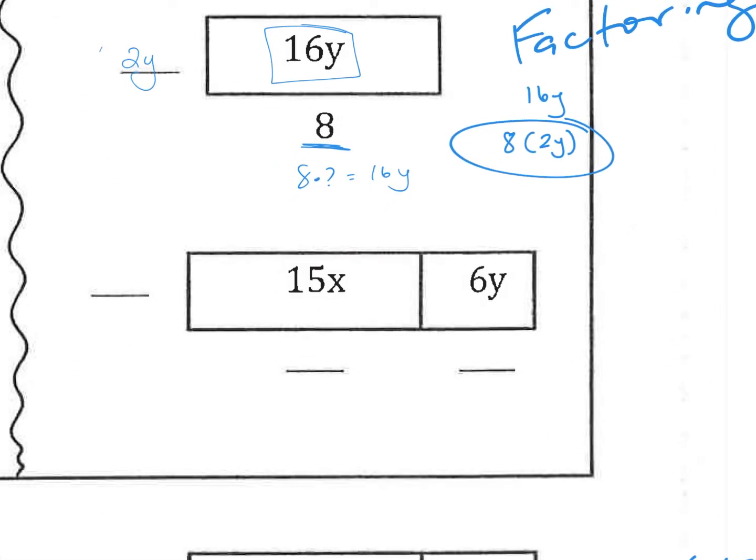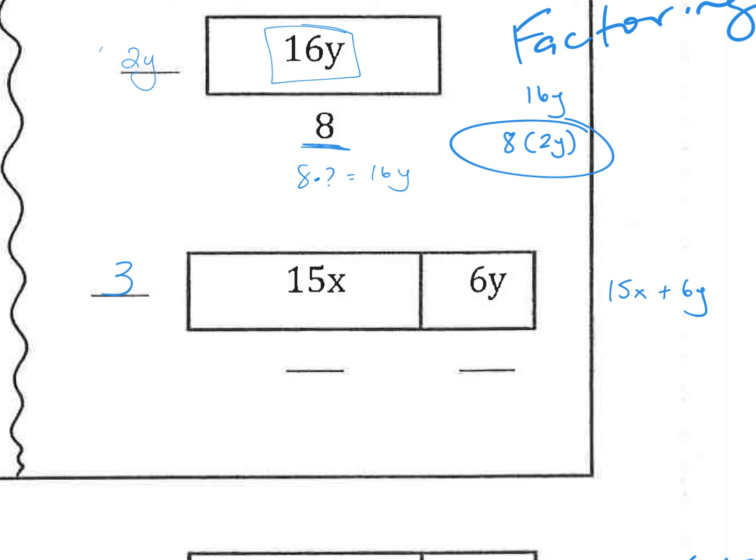Okay, let's look at the next one. Now this next one, we're starting off with 15x and 6y. So I need to find a number that both 15 and 6 can be divided by. And in doing so, I know I can divide both of those by 3. So that means I'm going to bring 3 over here on the side, because in this way both rectangles are being connected to it.